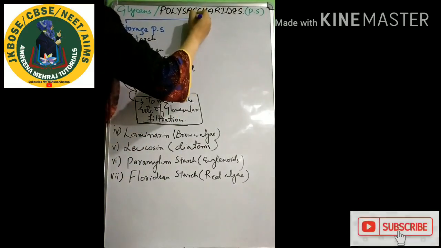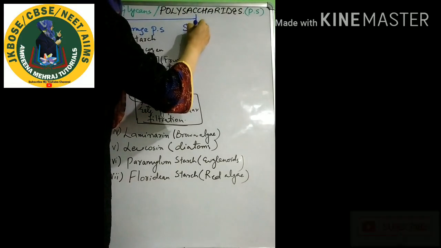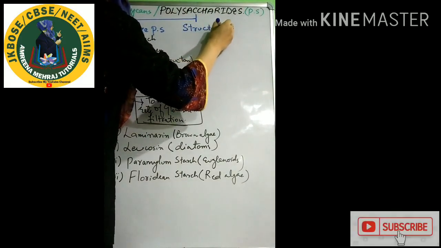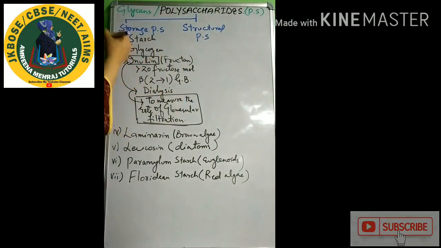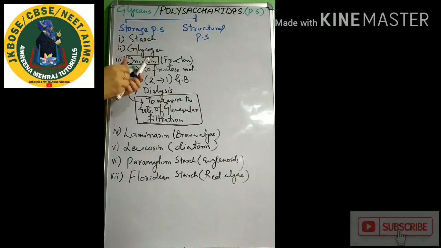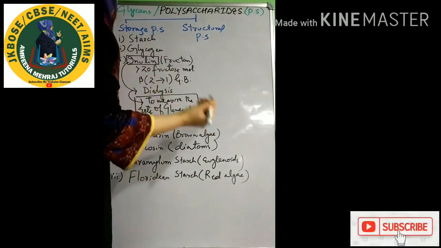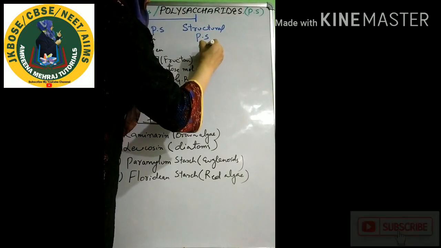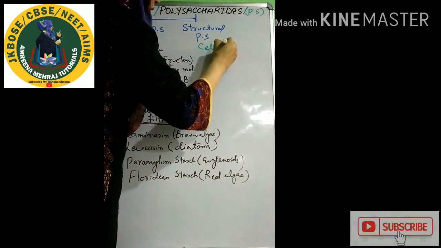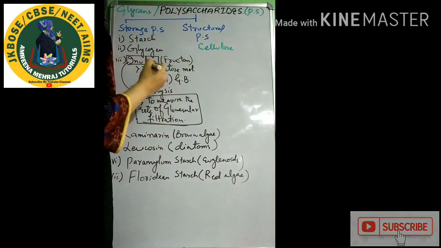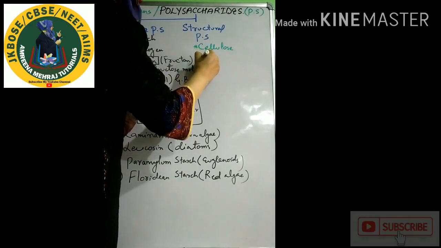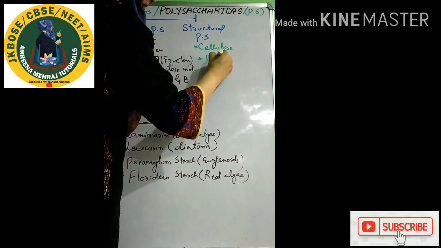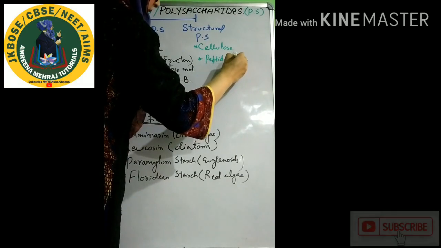As far as the second category is concerned, they are your structural polysaccharides. Now in this category we will be discussing, inshallah, that's our next topic, number 1 cellulose. Next we will be discussing peptidoglycan. Okay.